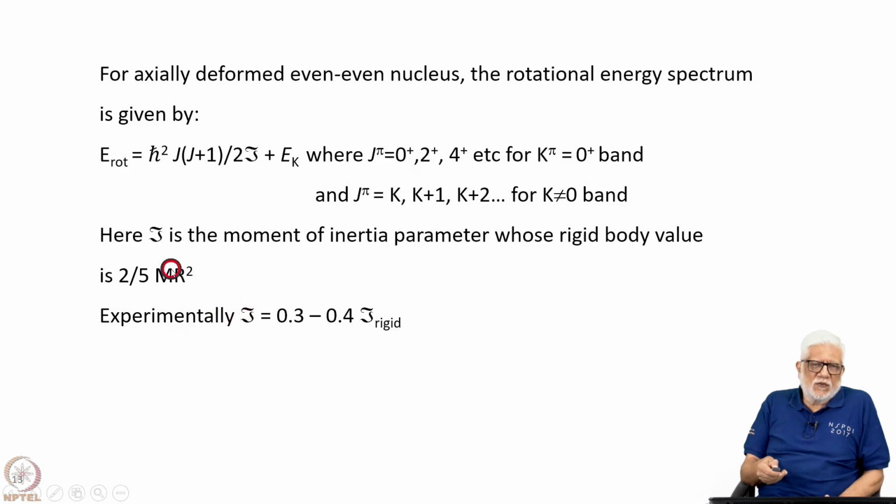So, it's just a sphere of radius R. For a deformed nucleus there is a small correction of the order of this times 1 plus about 0.3 beta 2. However, experimentally, the moment of inertia is found to be about 30% or 40% of the rigid body value, at least for the low lying states.